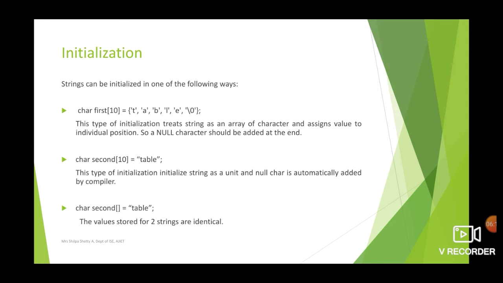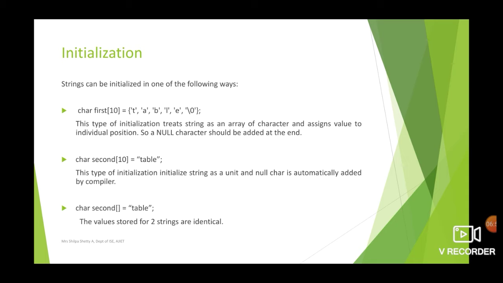First let us see a few techniques. In this slide you can see that 3 techniques are given. These are the techniques followed during compile time initialization. Let us consider the first one: char first[10] = {'T','A','B','L','E','\0'}. The characters are separated by commas and written inside braces, and they are enclosed within single quotes because you are writing single characters of the string.